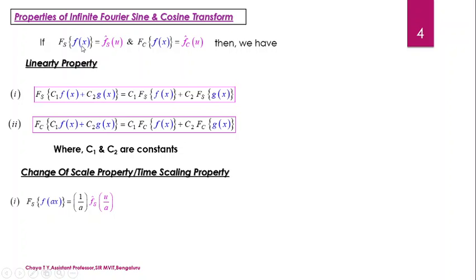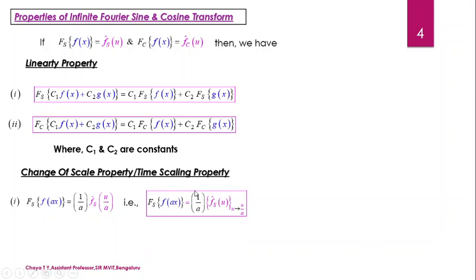Basically the variable is in terms of x, but you need to write the Fourier sine of a function where the variable or the scale is of the form a into x. Then it can be written as 1 by a times the Fourier sine transform at u divided by a. Now what do you mean by this property?